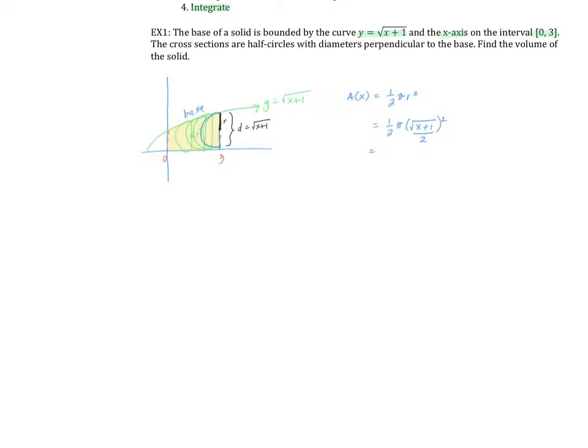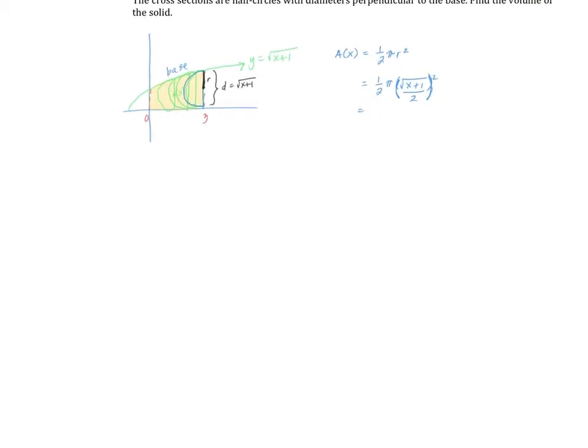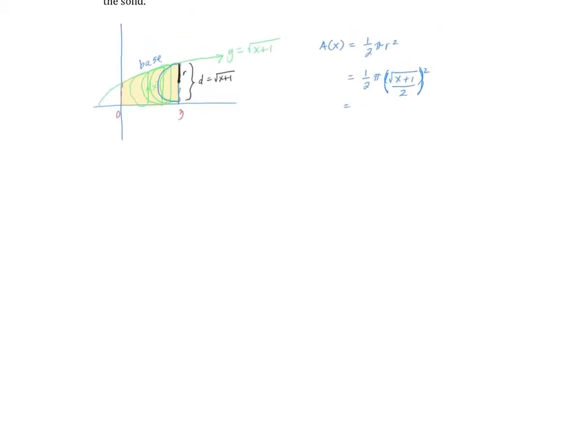If we clean this up, and this whole thing is squared, ooh, terrible notation, then I have 1/2 times pi times 1/4 times x plus 1. Or in other words, pi over 8 times x plus 1. So that's the area of my cross section here.